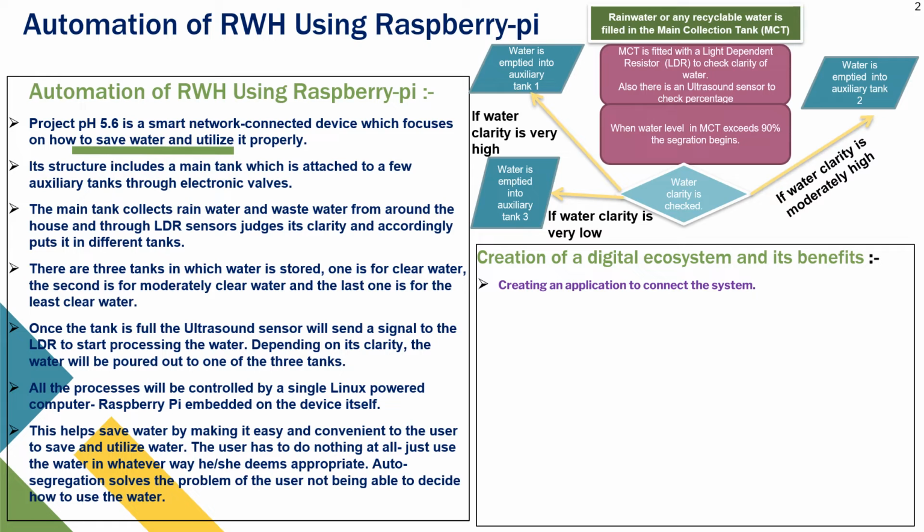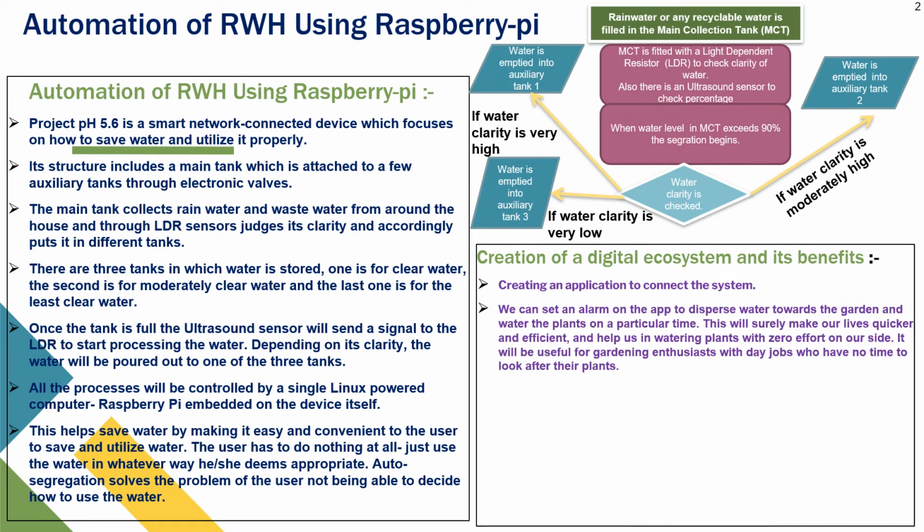We can set an alarm on the app to disperse water towards the garden and water the plants at a particular time. This will surely make our lives quicker and more efficient and help us water the plants with zero effort on our side. It will be useful for gardening for people with day jobs, whoever has no time to look after their plants.